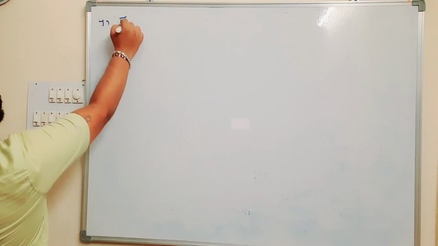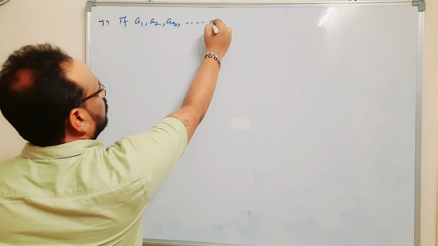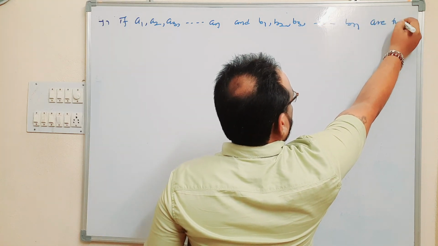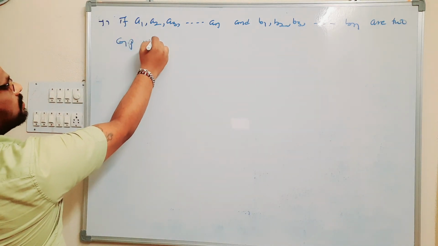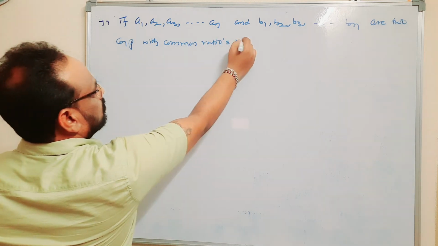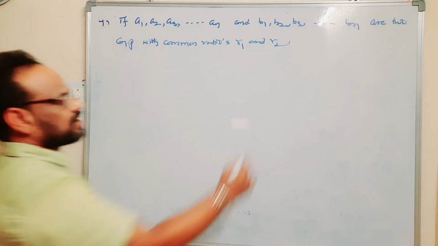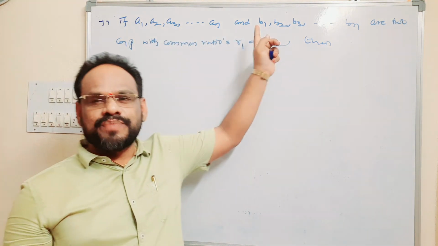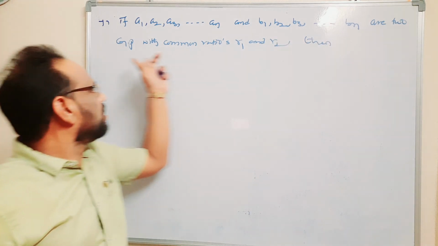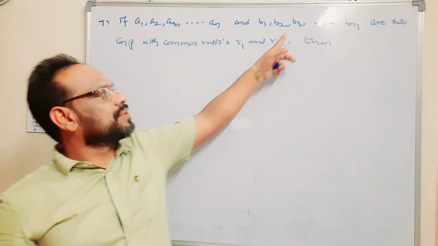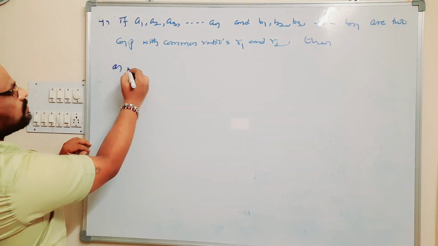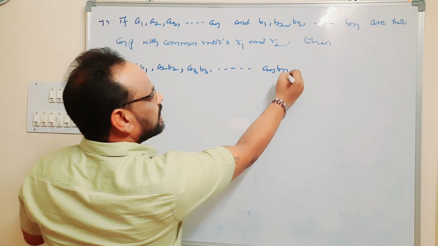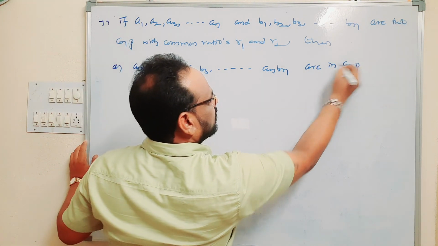seventh one. If A1, A2, A3 and so on, AN, and B1, B2, B3 and so on, BN are two geometric progressions with common ratios R1 and R2 respectively, then first, A1 into B1, A2 into B2, A3 into B3 and so on, AN into BN are in geometric progression.